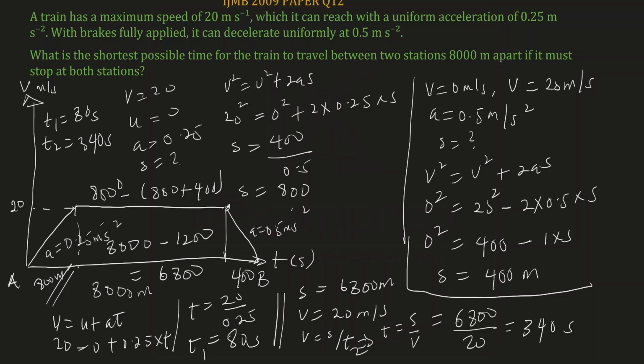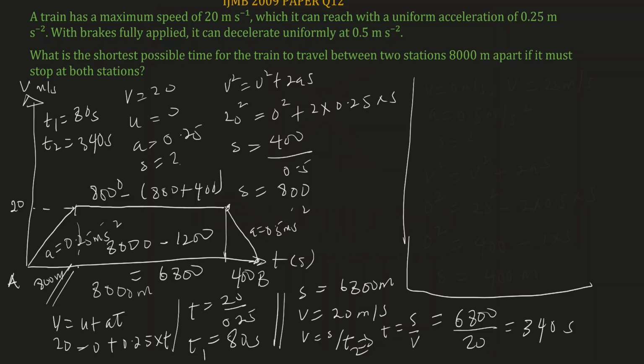Now the last thing to do is to calculate the time it takes to decelerate. That means we are going to use v equals u minus at because it's decelerating.